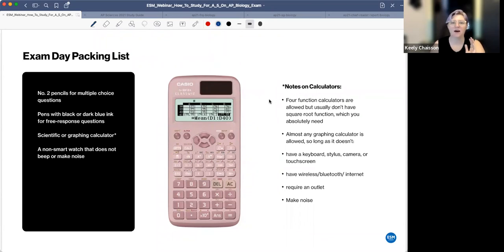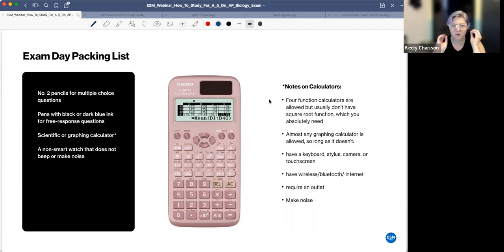Graphing calculators are also allowed, as long as it doesn't have a keyboard, stylus, camera, or touchscreen, or wireless of any kind, so Bluetooth, internet access. Nope. It can't plug in and it can't make noise.